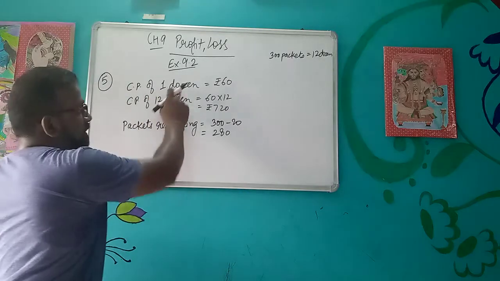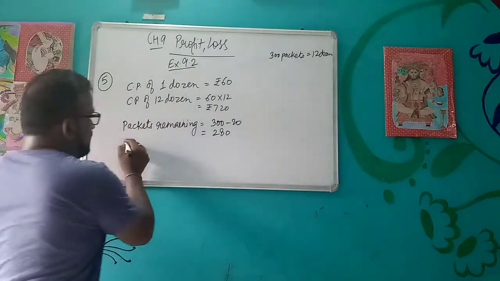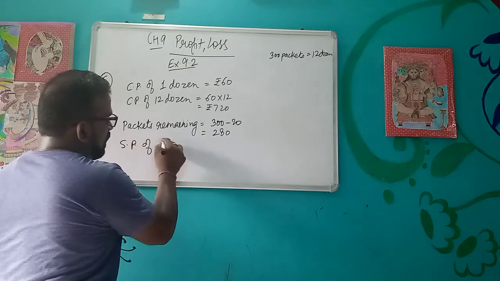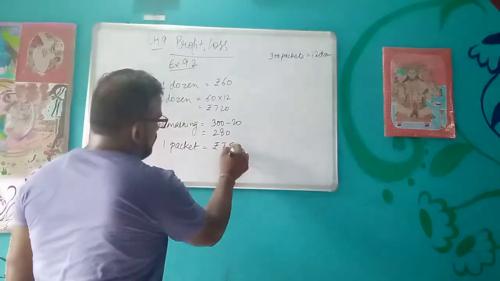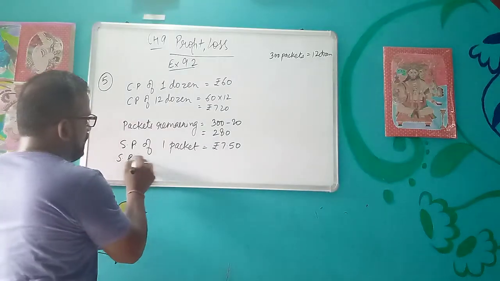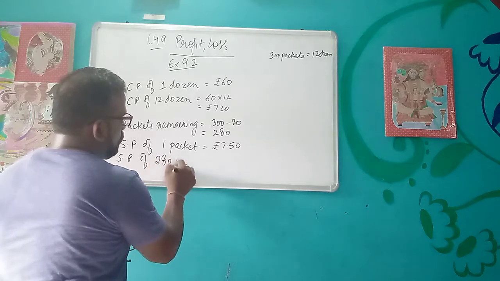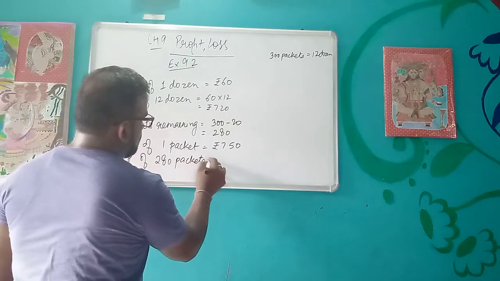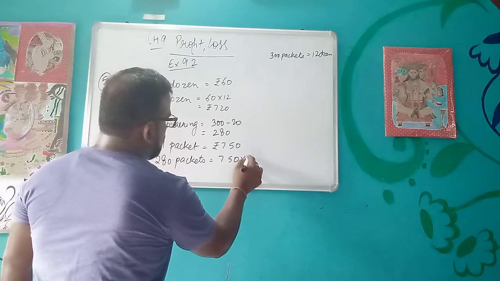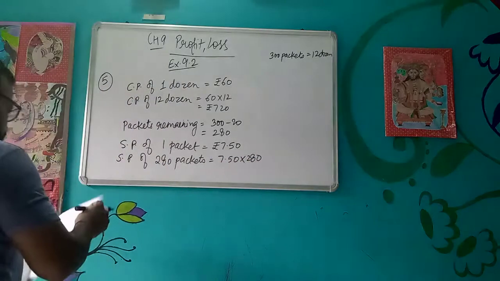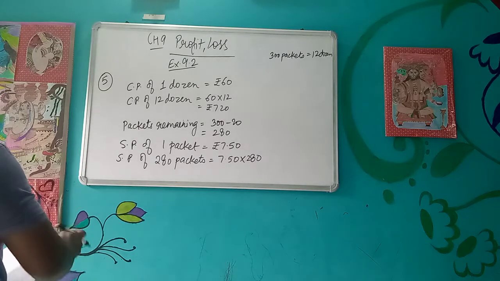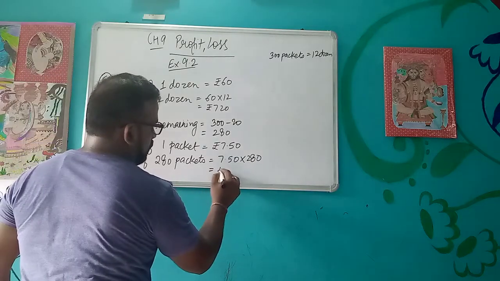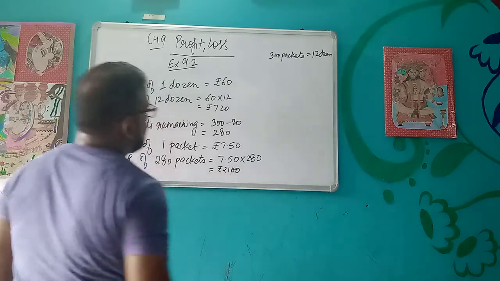Previously CP was given in terms of 1 dozen, and now SP is given in terms of 1 packet, and that is equal to rupees 7.50. So we will calculate the SP of 280 packets. That will be 7.5 into 280. So this will be rupees 2100.